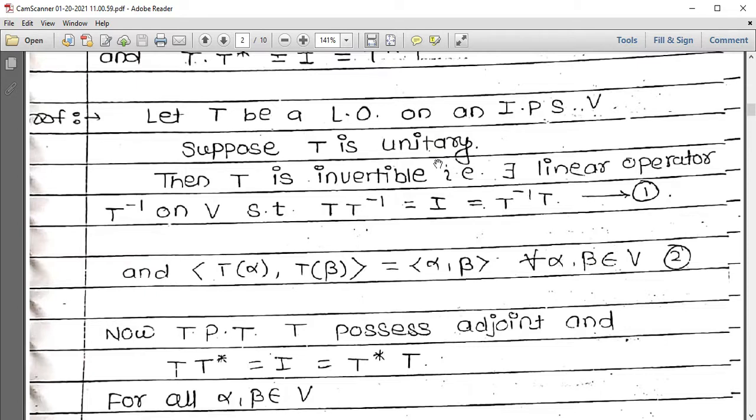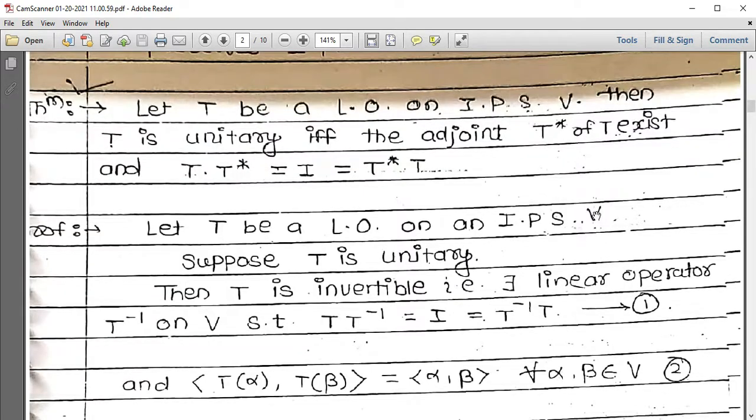Then what is the definition of unitary operator? T is invertible, that is, there exists a linear operator T inverse on V such that T into T inverse is equal to I, which is equal to T inverse into T. Call this equation number 1.